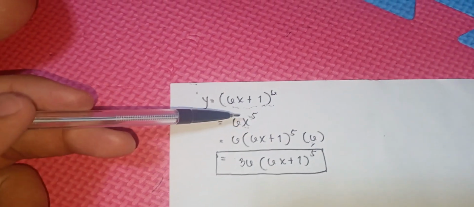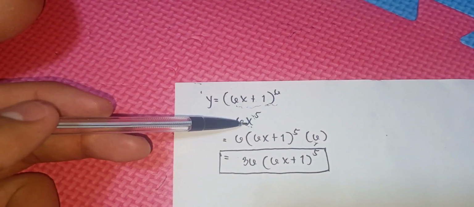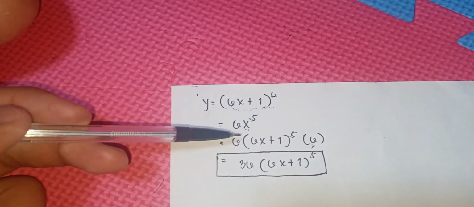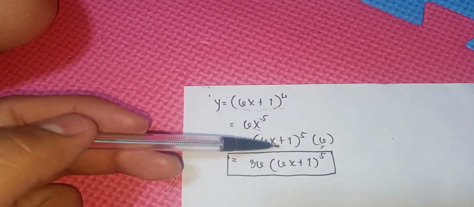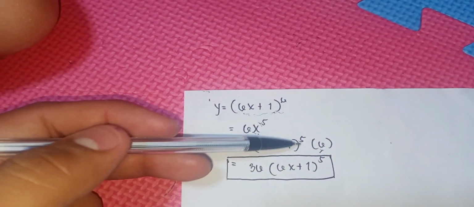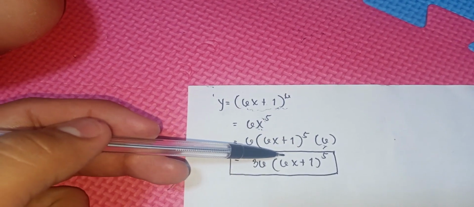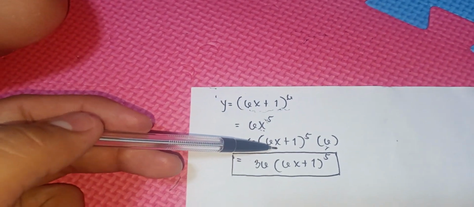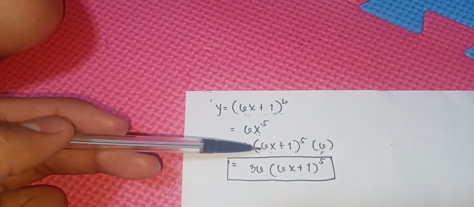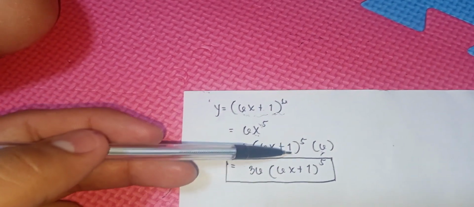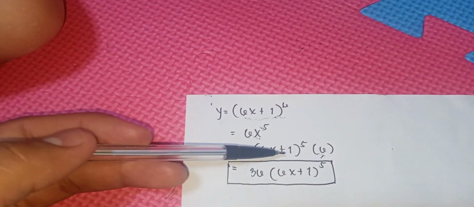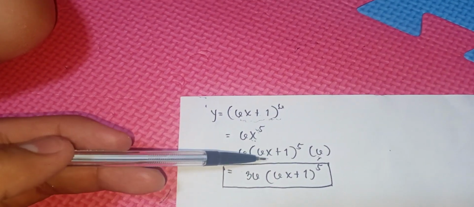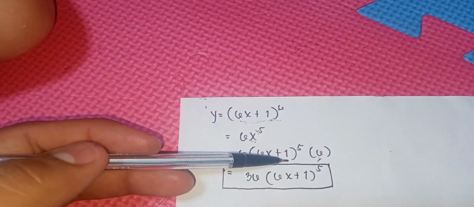After getting the power rule, you need to substitute this given into x, so it is going to be 6 multiplied by (6x + 1)^5. Then after that, we're going to find the derivative of the bracket differentiated, which is 6x + 1. Finding the derivative of this, we need to perform the derivative on each, 6x and 1.